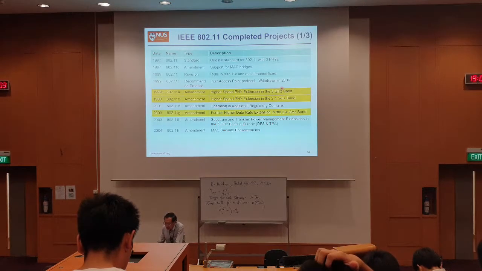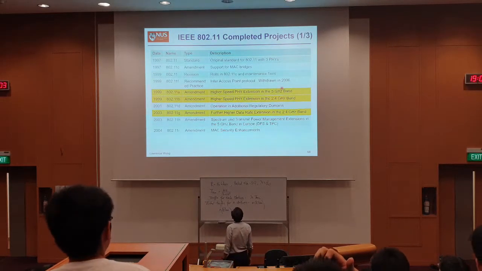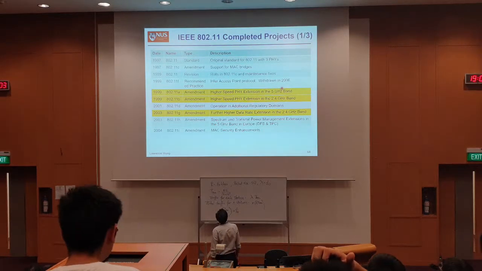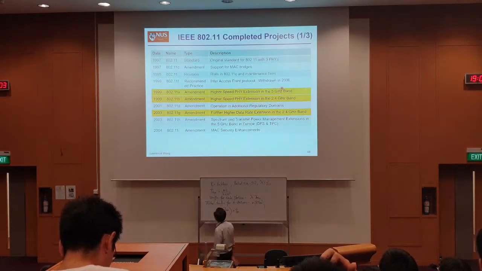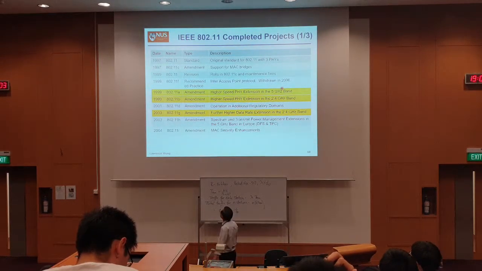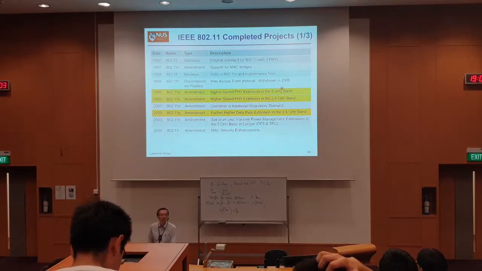Now you have the list of all the standards. 802.11c, we never saw it. 11F, A, B, G, we never saw D, C, and so on in the market. All the ones highlighted in yellow are the ones that are in the market that we are familiar with.